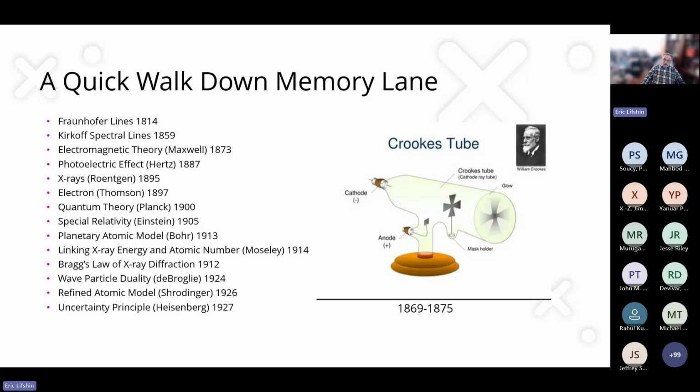So this rather simple device, you can actually buy one of these tubes on the internet for about $30 or $40. I have one around here somewhere. I just need a 5 kV power supply to fire it up. But it's a really relatively simple device.